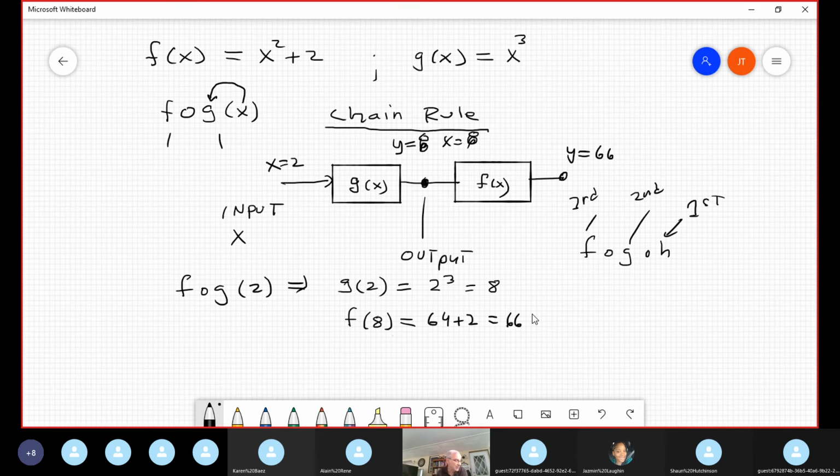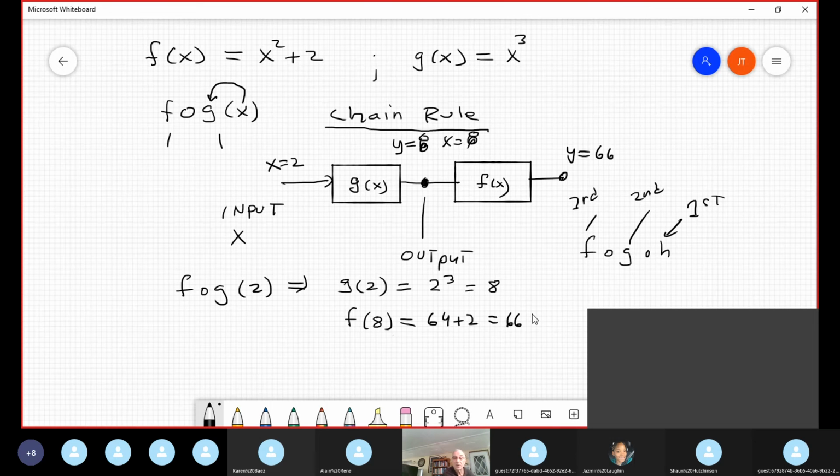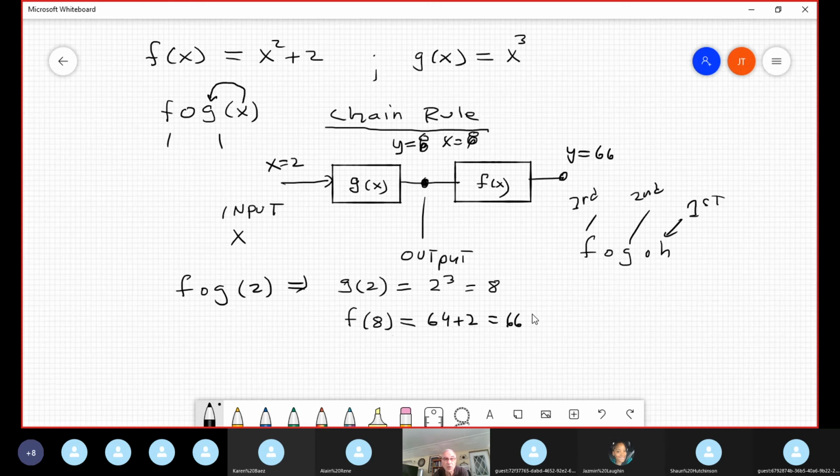Okay, but what is the goal in algebra? Suppose I want to find the new expression for the composition. Suppose the question says, not evaluating the point, no. Find the new expression.